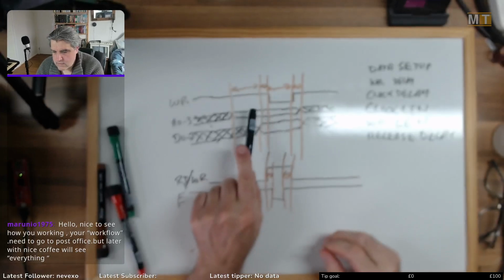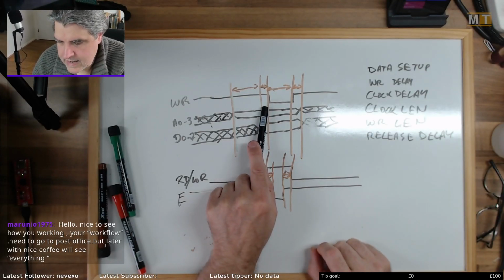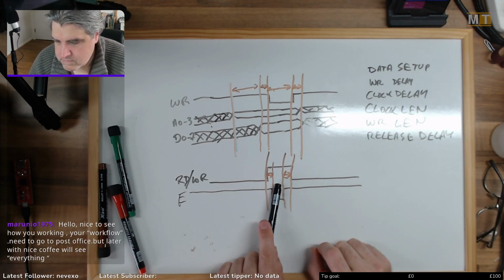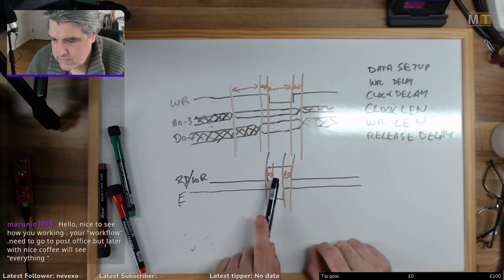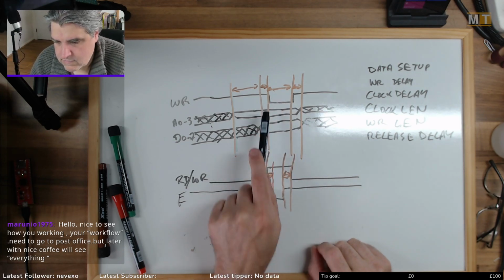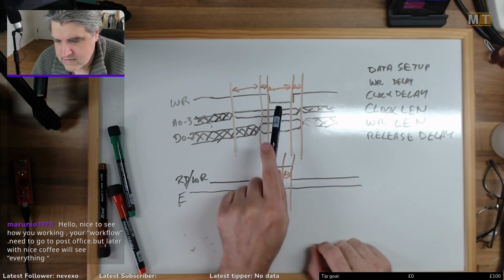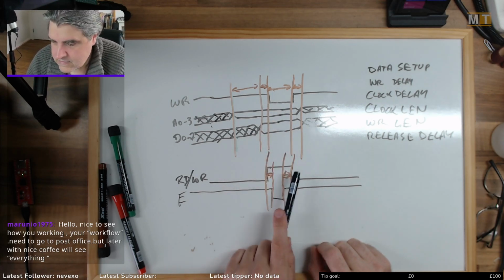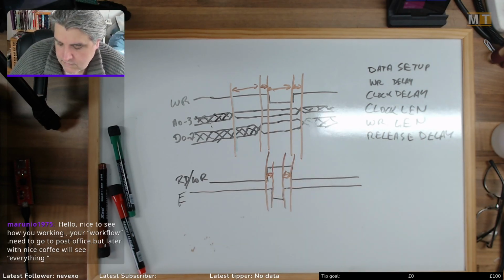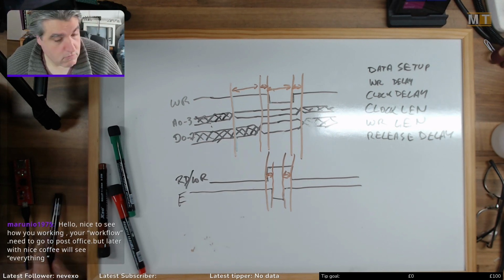So we've got data setup, write delay, clock length, then write length, which can be calculated from that length being that length, subtract those, it gives you that, and release delay. That's for a write.